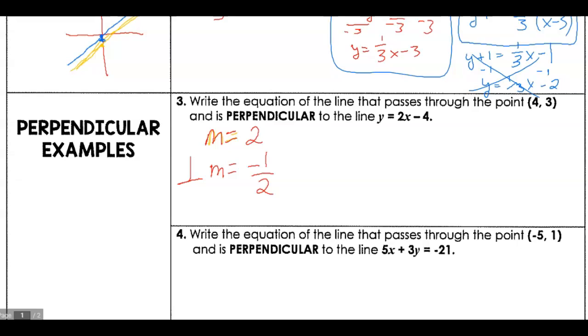So that's the slope I'm going to use. Here's my point. X1, Y1. So I'd have y minus 3 equals my perpendicular slope, -1/2 x minus 4.